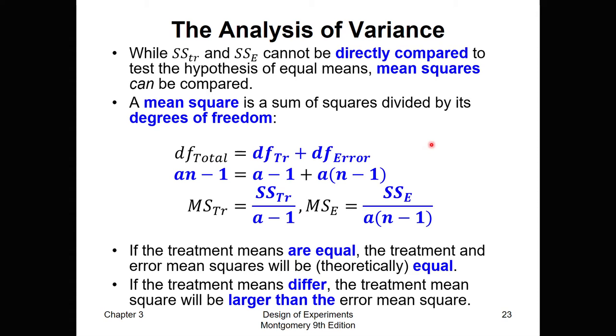But this idea is that the mean squares are going to be the same as long as the treatment means are equal, so that's under the null hypothesis. The null hypothesis is that the treatment means are equal. So under the null hypothesis, these values are going to be the same. And if the null hypothesis isn't true, that is, the treatment means are not all equal, then the mean squared treatment is going to be larger than the mean squared error.